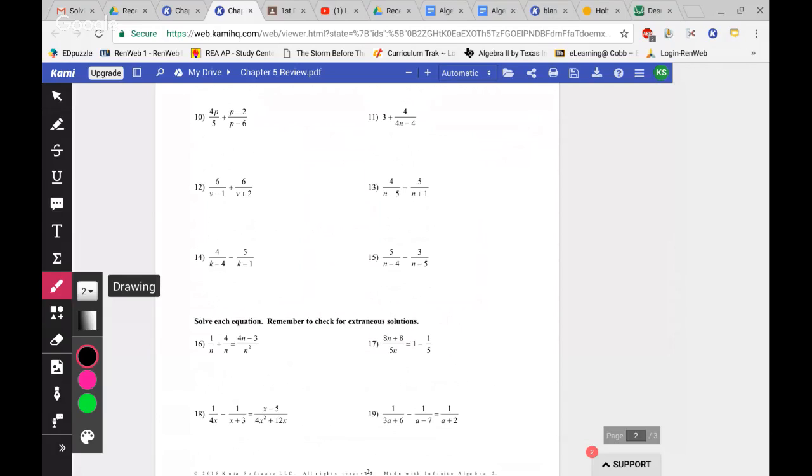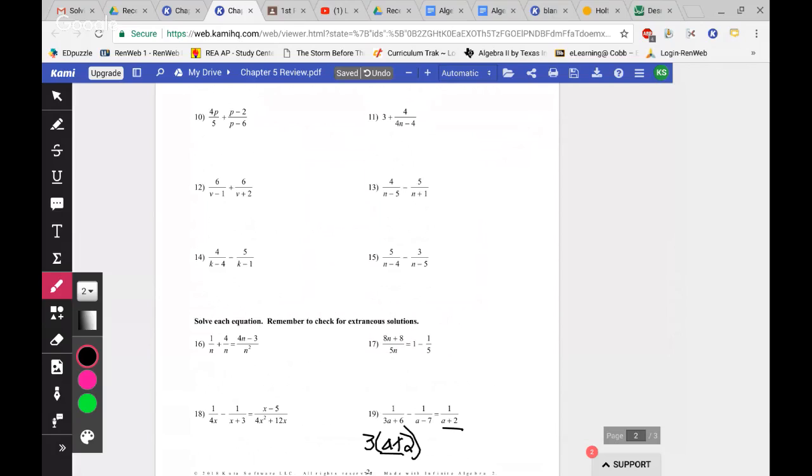So the only one that really looks like it can be reduced any further is the 3a plus 6. And that would simply come down to 3 times a plus 2, which the good news of that is I've got that here and I've also got that here.